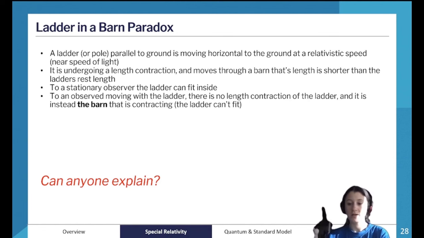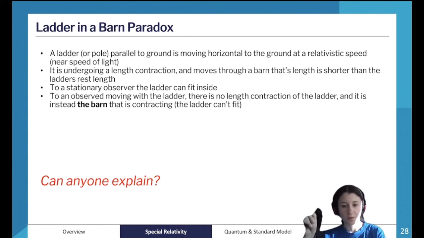Now she's running at a very, very fast speed towards the barn. She runs in, and from her perspective, the barn got shorter. Oh, sorry, skinnier. Not shorter, because its length contracted.